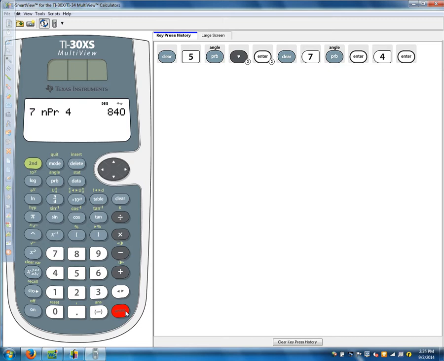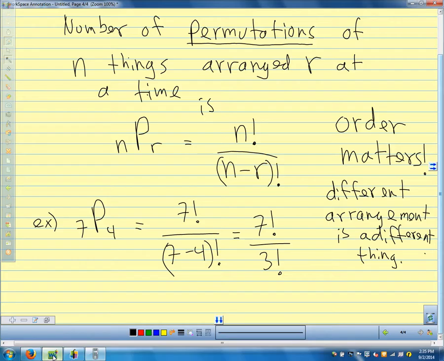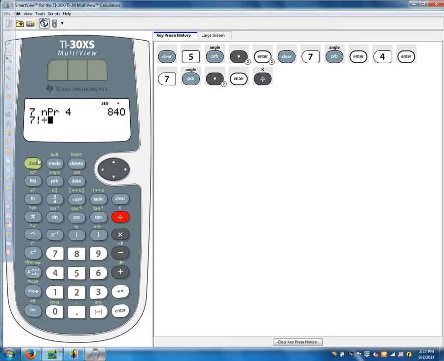I can also do it with the factorials. I said this was 7 factorial divided by 3 factorial, I'm just going to put it in exactly like we wrote it back here, and I get 840.